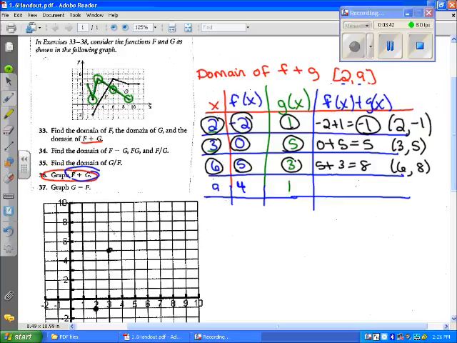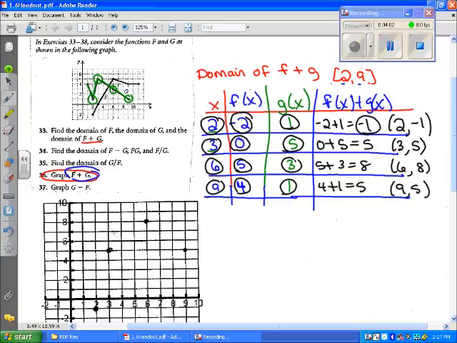So I'm going to go ahead and plot that, 6, 8. Okay, and then finally our last point. If x is 9, f plus g of x is 4 plus 1, or 5. Okay, so let's plot that one.